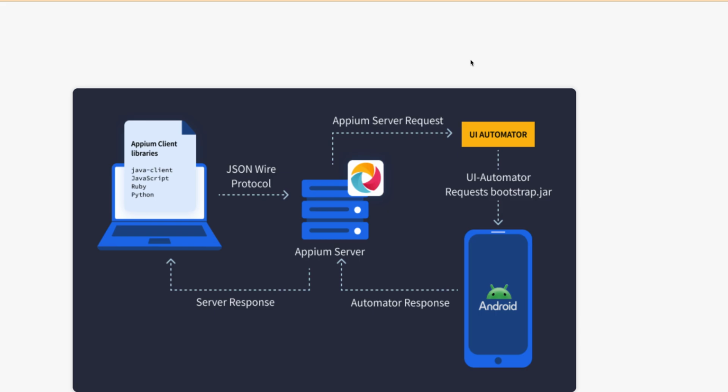Bootstrap can understand these instructions received from the client side with the help of the server. It carries them forward to the connected device on UIAutomator, which performs the instruction and communicates the result of command execution back to the Appium server. This is the basic architecture.